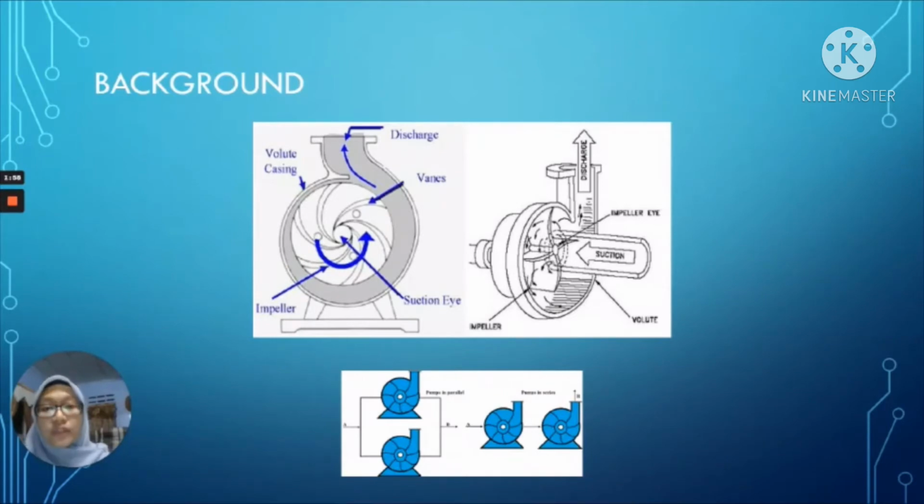As for the parallel pump, the primary purpose of operating in parallel is that it allows a wider range of flow to be compared to the series pump, and also a widely varying flow demand.